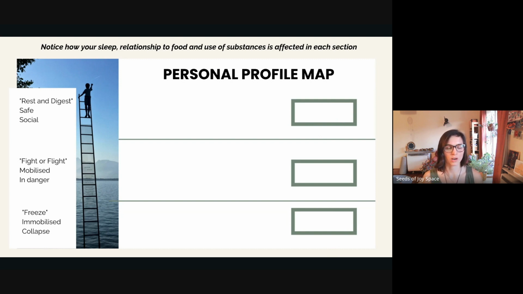And you can also put your color there if there is a color that emerges for this autonomic state.